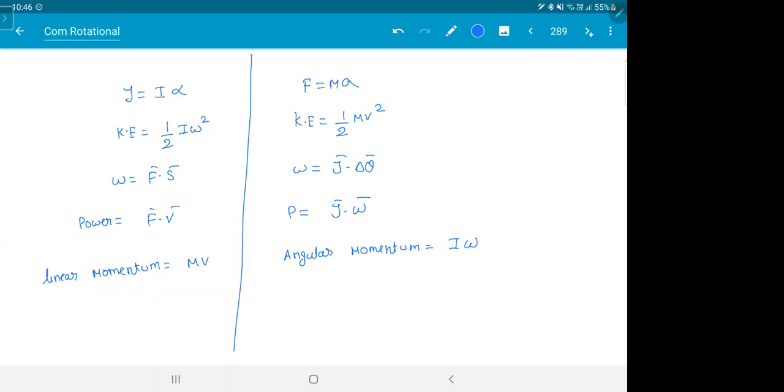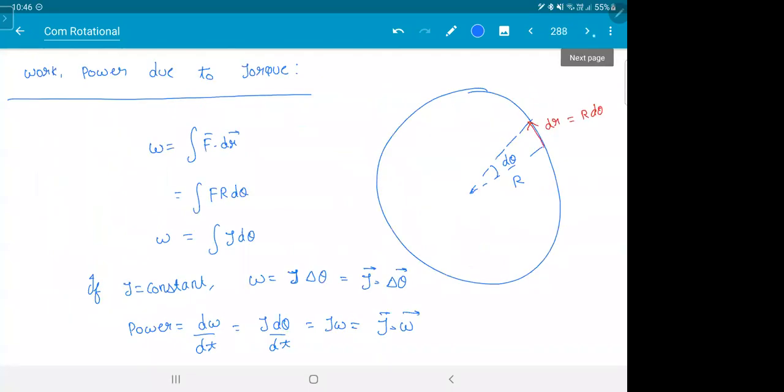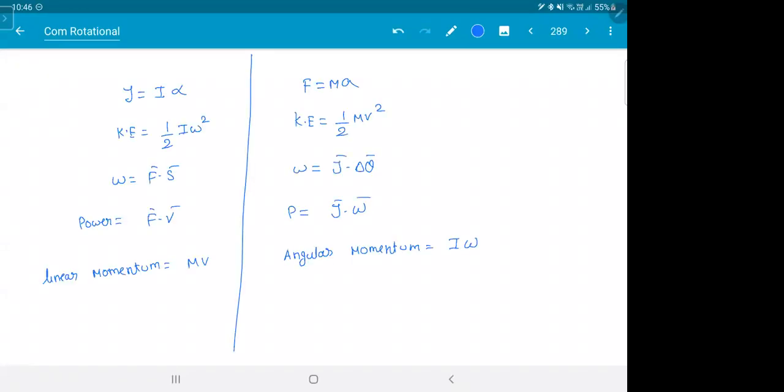Clear? Let's see a question. Don't worry about this angular momentum part. That's the last subtopic in rotation. We'll be doing that.